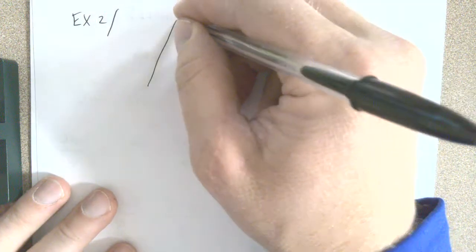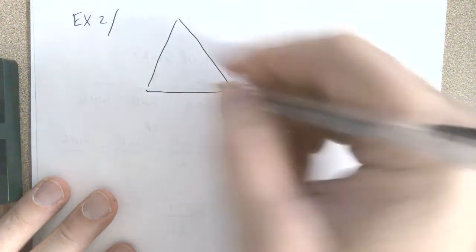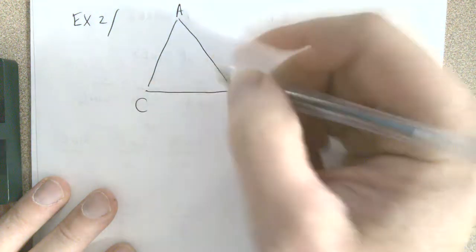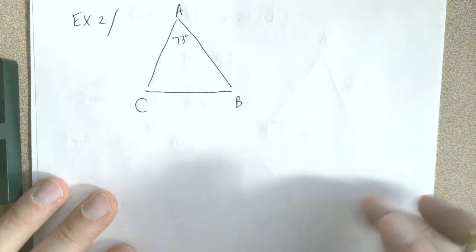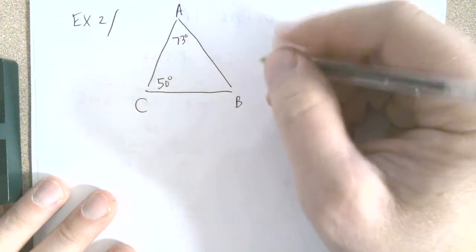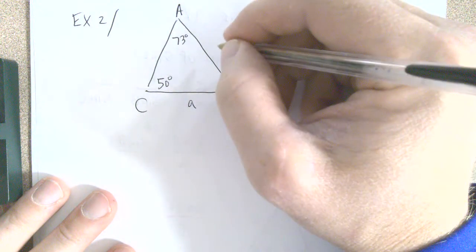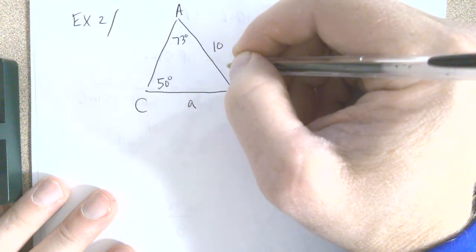And for example 2, see if you can go about finding the values. We've got, again, triangle ABC. A is 73 degrees, C is 50 degrees, and side C is 10.